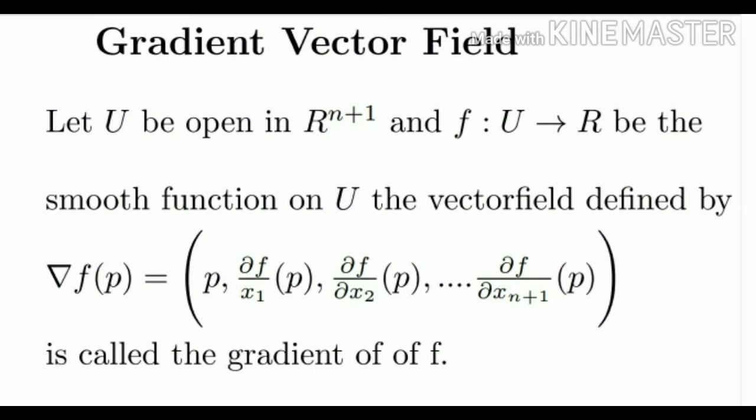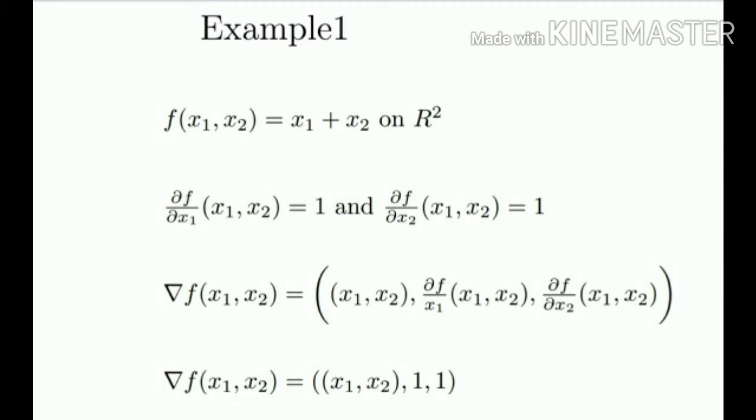Gradient vector field. Let U be open in R^(n+1) and f from U to R be a smooth function on U. Then the vector field defined by grad f(p) = (p, ∂f/∂x1(p), ∂f/∂x2(p), ..., ∂f/∂x_{n+1}(p)) is called the gradient of f. Consider the function f(x1, x2) = x1 + x2 on R^2, which is a smooth function.